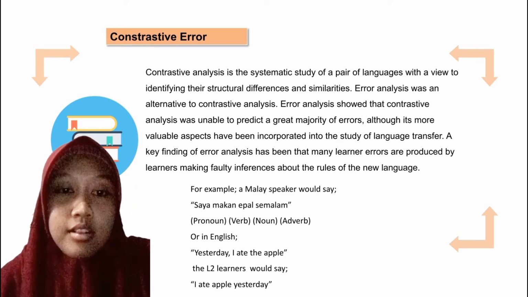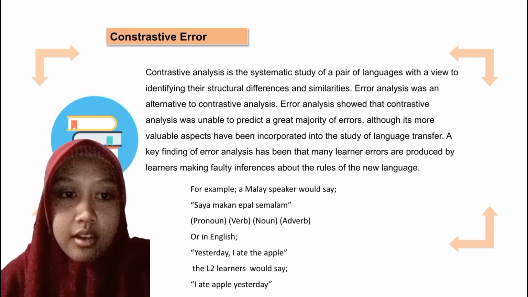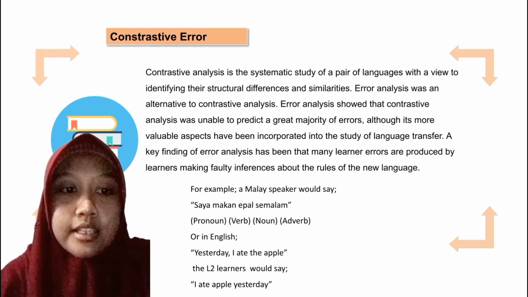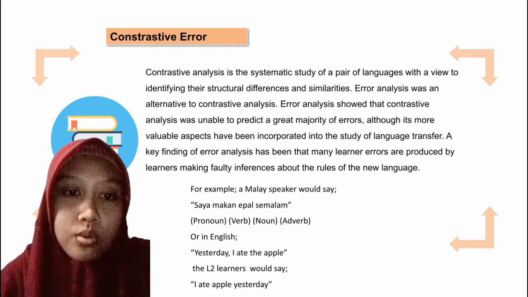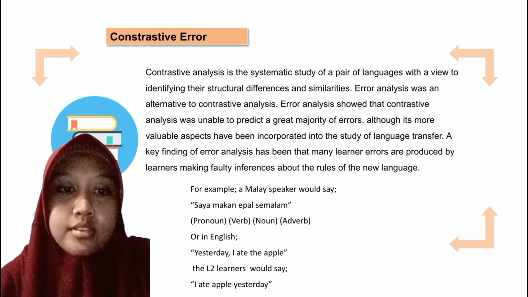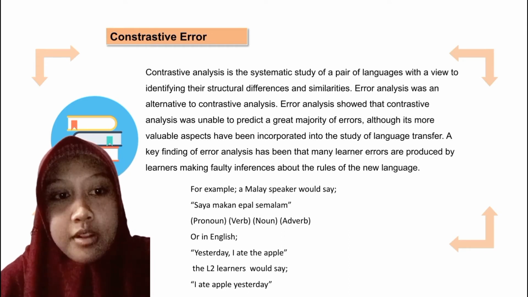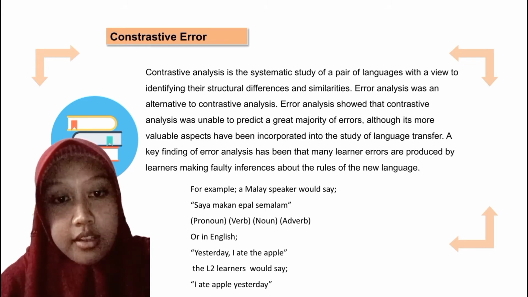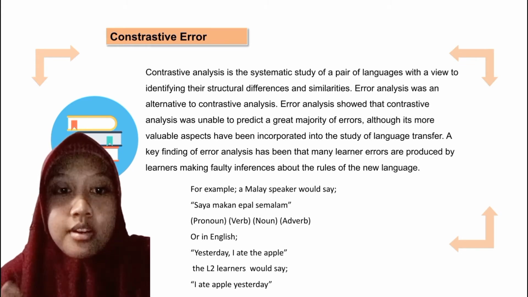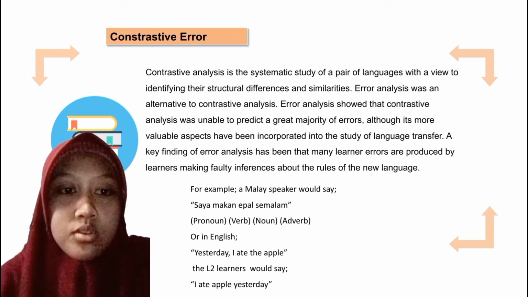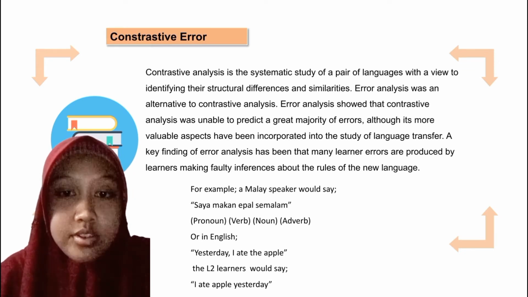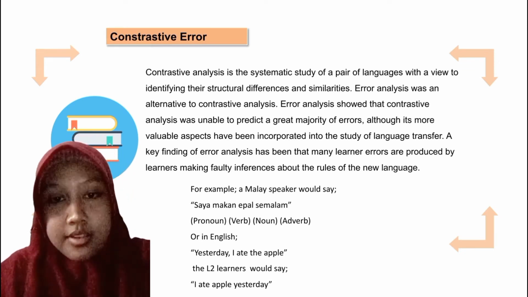As mentioned earlier, this statement is logical at one point, but at the other point, it shows the errors and transferred inappropriate properties made by second language learners are noticeable, and this will apply the rule of contrastive analysis.